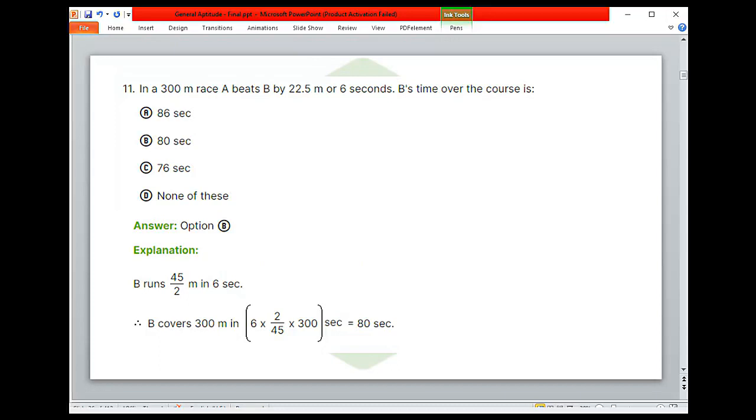See, A beats B by 22.5 meters or 6 seconds. So B would be running how much? Just a second. Is this question incomplete? I think the question is incomplete.